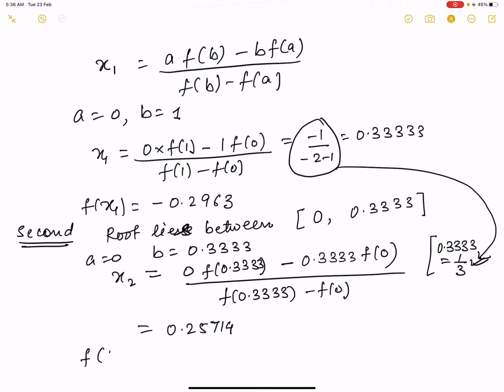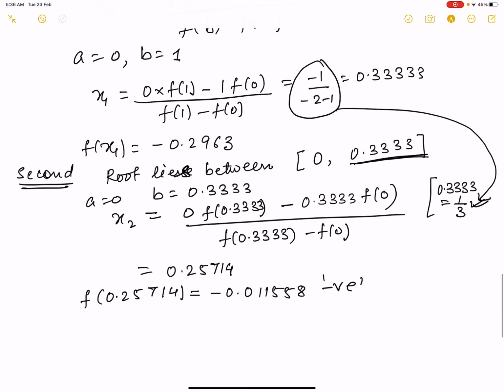Check the value of the function at this point, 0.25714, and this is coming out to be negative, that is minus 0.011558. Since it is negative, I'm going to change this negative end.